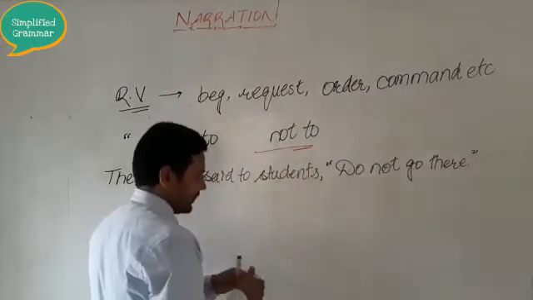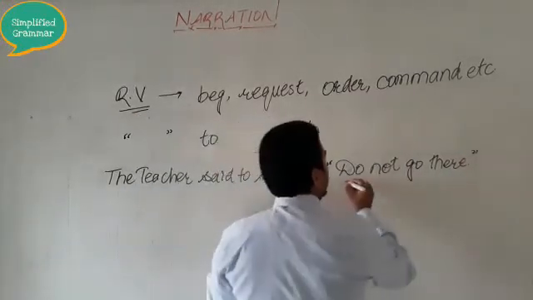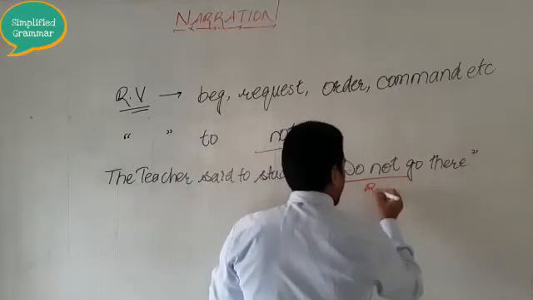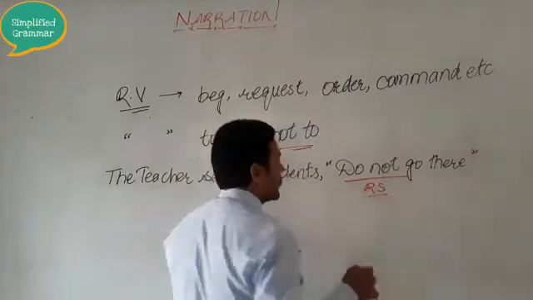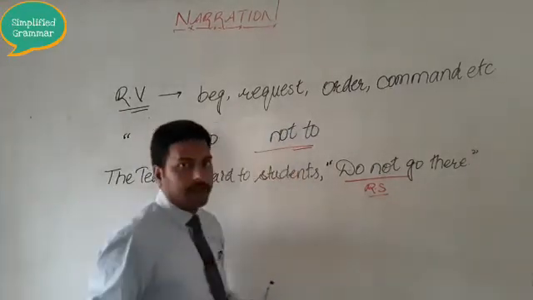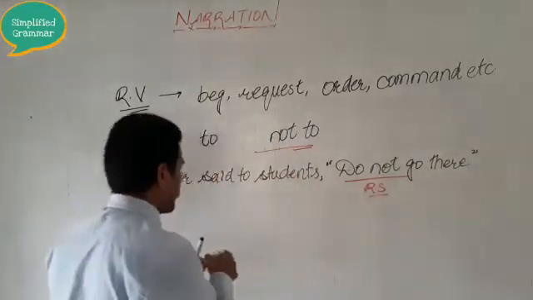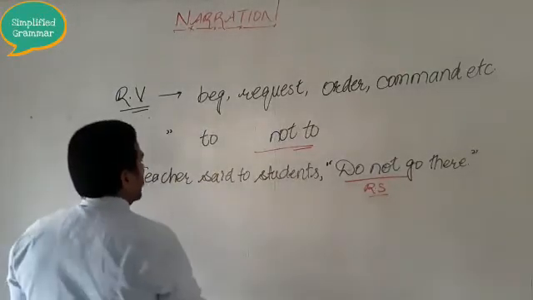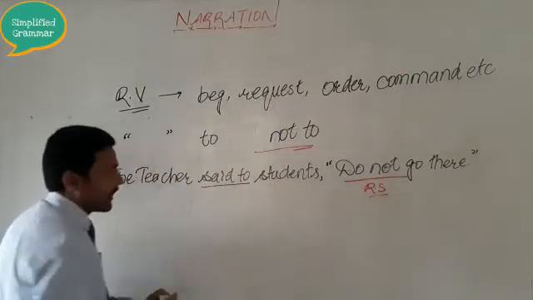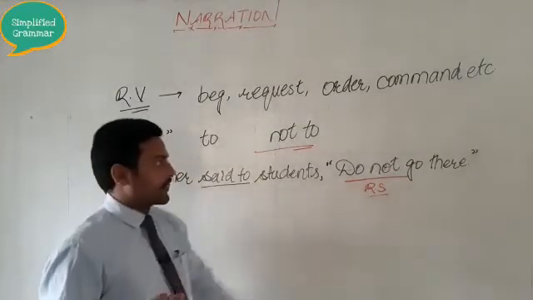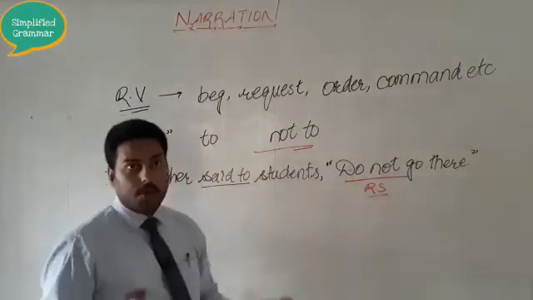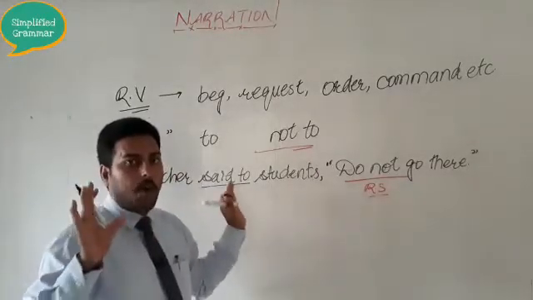So here you can see, dear students, your reported speech is in the negative imperative. So how to change this negative imperative sentence? Let me tell you. Firstly, this said to will change according to the expression. What expression is coming out over here? Don't go there. Somebody is, I think, ordering.